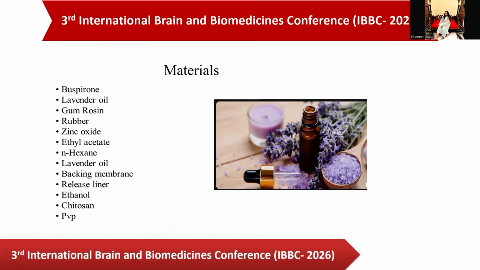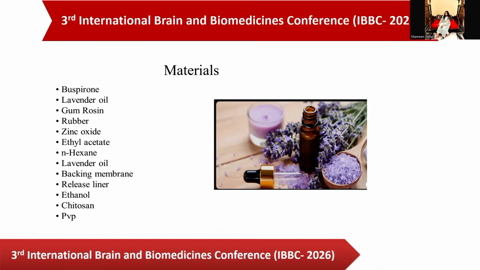Materials required for the fabrication of the drug and adhesive transdermal patch of buspirone and lavender oil: first of all, buspirone, and lavender oil for the immediate effect, which provides immediate relief from stress. Rosin, rubber, and zinc oxide form a very adhesive mass, which provides adhesiveness to the skin.